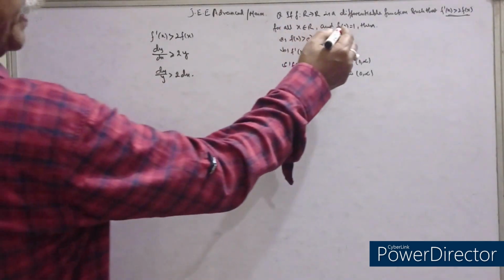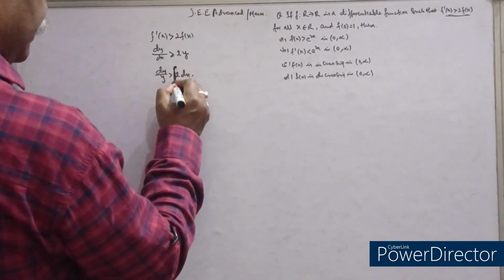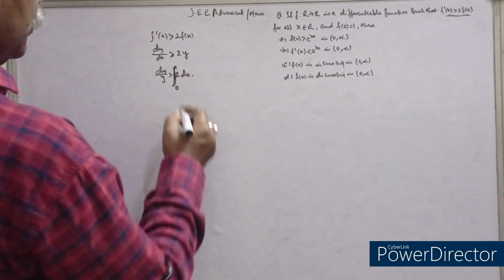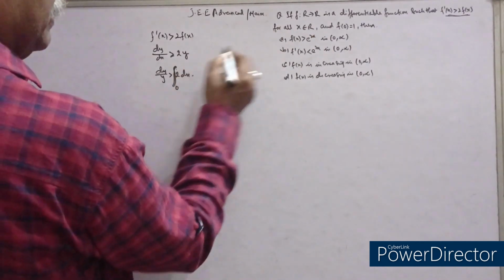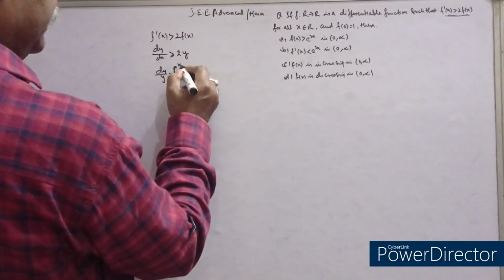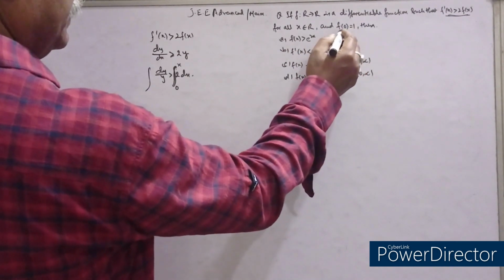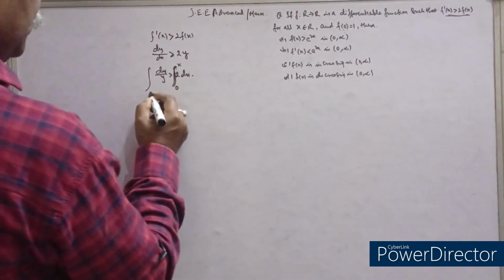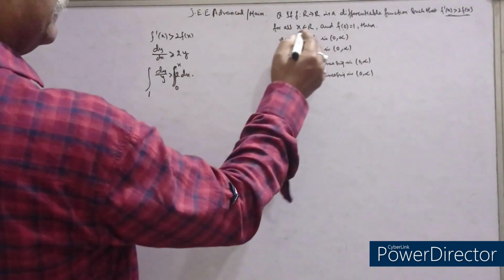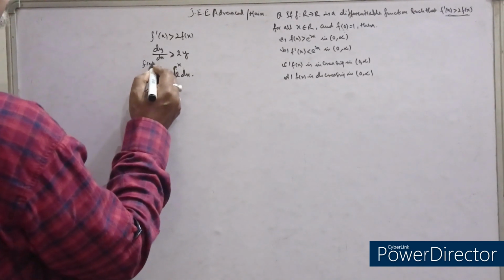So for x equal to 0 to x, for any x, we integrate it. When x is 0, f(0) is 1, and for any value of x this will be f(x).